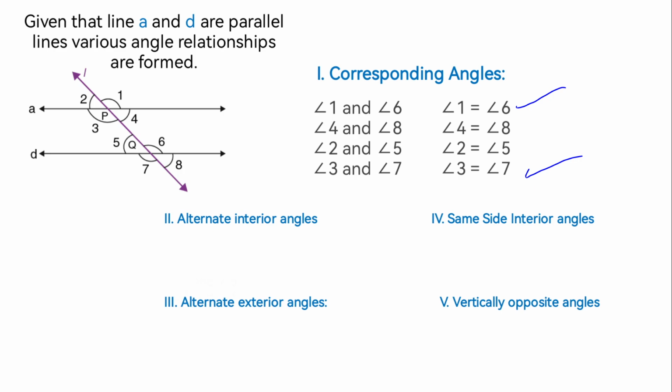Looking at those alternate interior angles, we have angle 4 and angle 5. So they are said to be alternate interior. Another is angle 3 and angle 6. Angle 3 and angle 6 are also alternate interior angles.